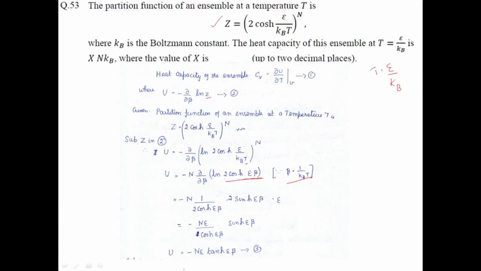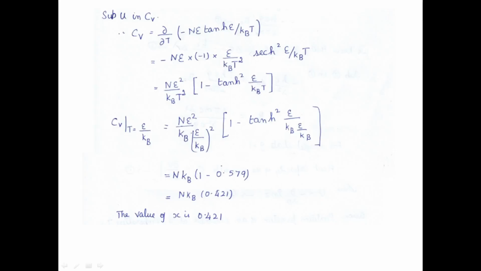So by simplifying, U will be minus N E tanh of E beta. Now we have found the value of U. Now substitute it here and find the derivative with respect to T at constant volume to find the heat capacity. So Cv is equal to dou by dou T of minus N E tanh of E divided by kBT.